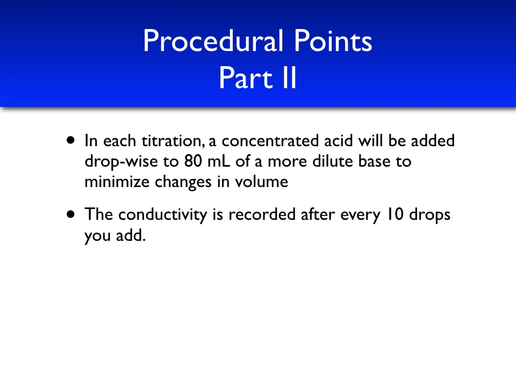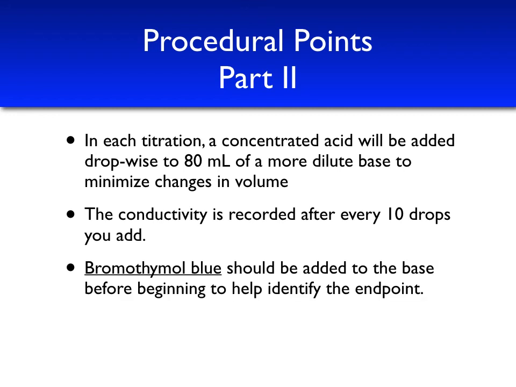To be able to locate the endpoint, we will add bromothymol blue to our solutions at the beginning to make sure we can identify the endpoint. Bromothymol blue is an acid-base indicator that is blue in color in basic solution, which we'll have before the titration and during the titration, and turns yellow when the solution becomes acidic, which will occur after the titration.